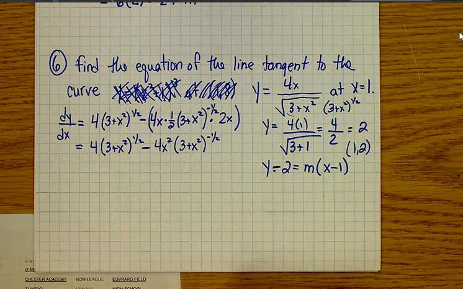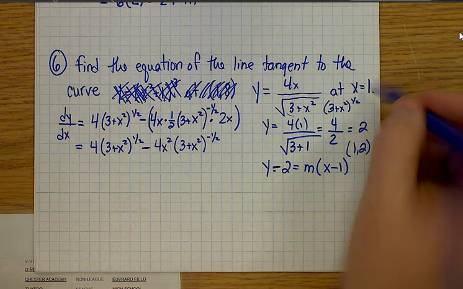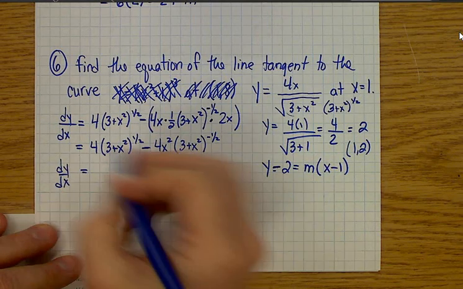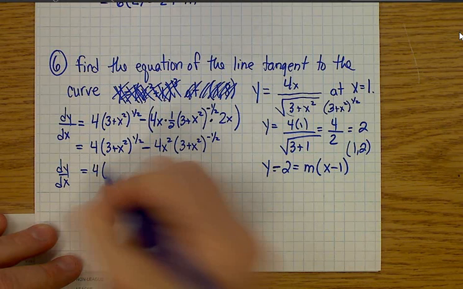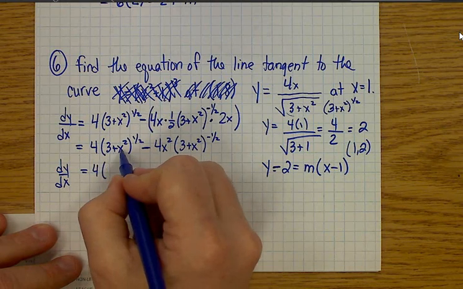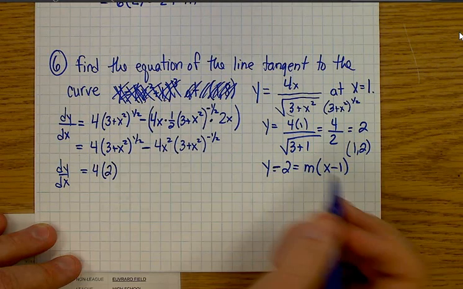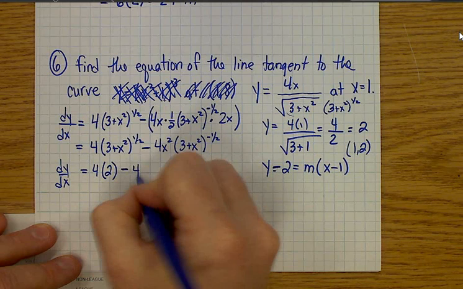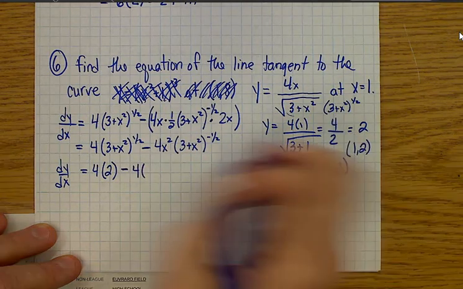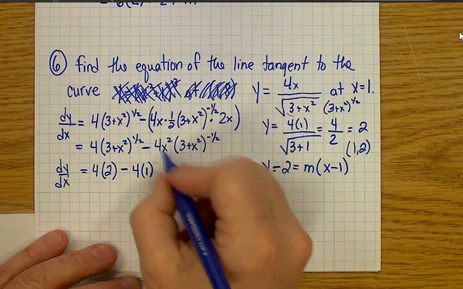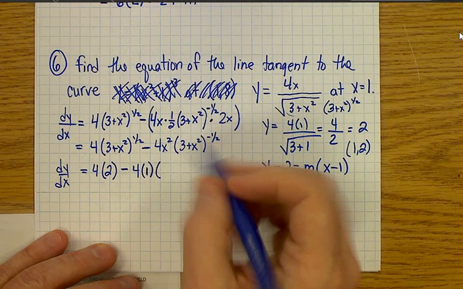Alright, and so now I want to find the slope at the point where x is 1. So dy/dx is going to equal 4, parentheses. This is going to be 3 plus 1 squared, that's 4, and then to the 1/2 power, that's the square root of 4, so that's 2, minus 4 times 1 squared is 1, times, now here we go again, now we got to be careful.